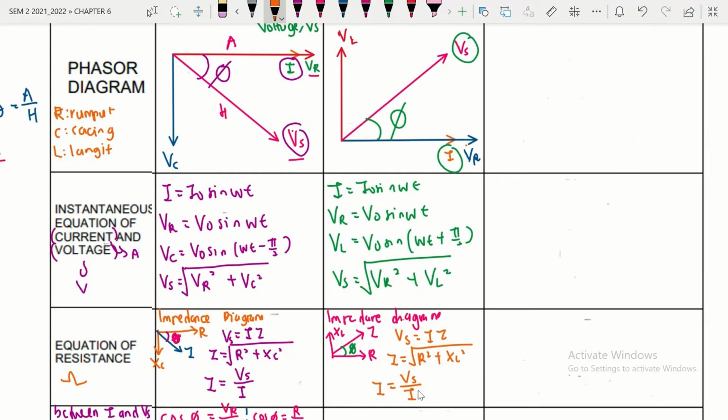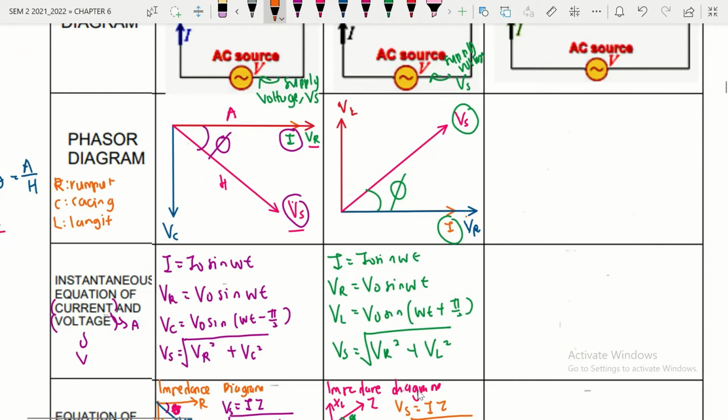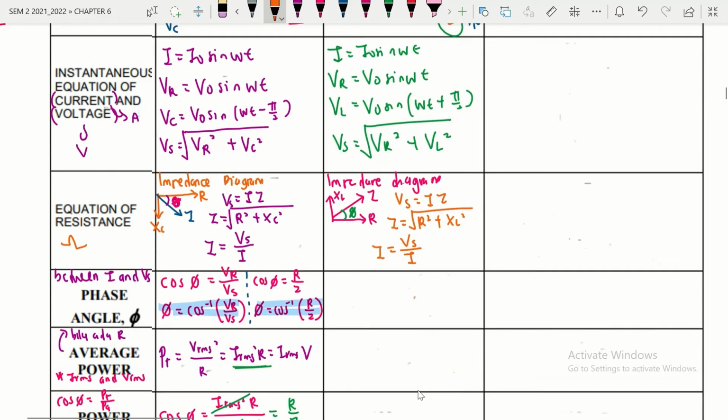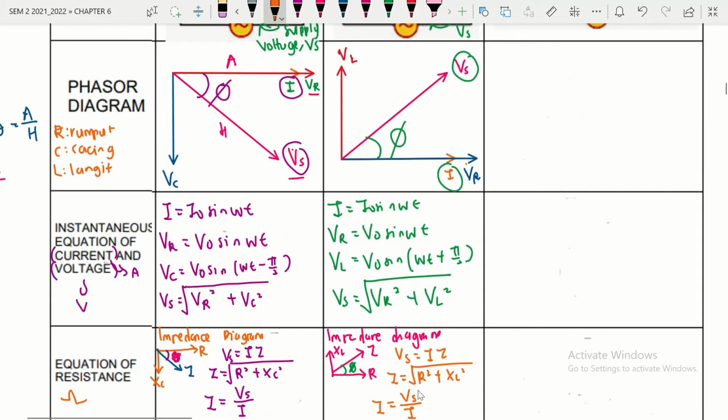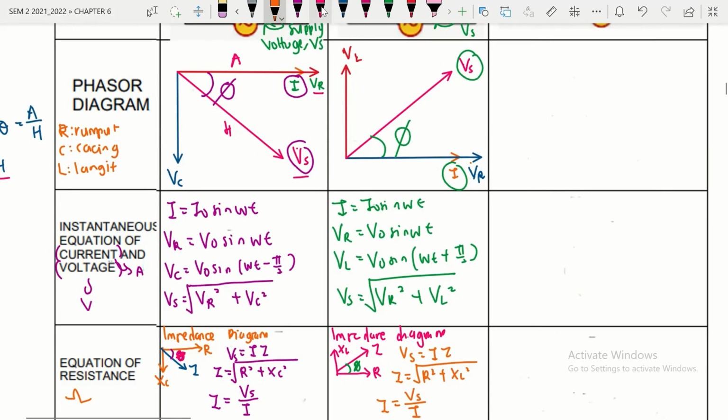So, that's all. Okay, now, bila kita cakap pasal phase angle, dia adalah angle antara current dan juga supplied voltage ataupun antara impedance you dengan you punya resistor. Okay, so kita akan ada dua lah. So, sama juga, Miss akan pakai cos. Kita tahu cos adalah adjacent over hypotenuse. So, dalam kes ini, this is your adjacent and this is your hypotenuse. Sama juga dekat sini. Ini adalah adjacent you dan ini adalah hypotenuse you.